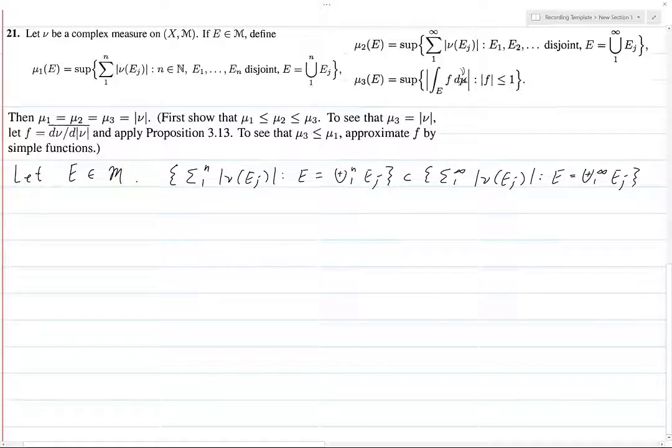But then, what's another way of writing this? We could also write this as the sum from 1 to infinity of the integral over the set Ej of just d nu, or you could write 1 d nu, like the function that's constantly 1. I'm just going to leave it blank.